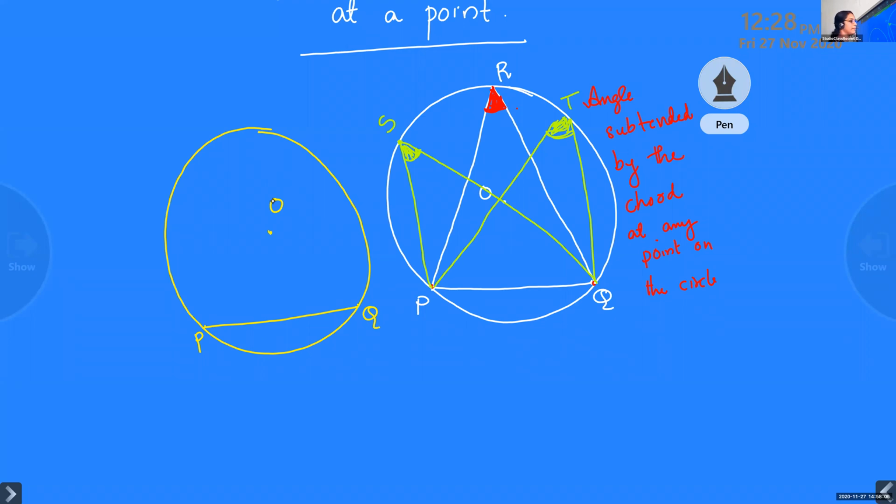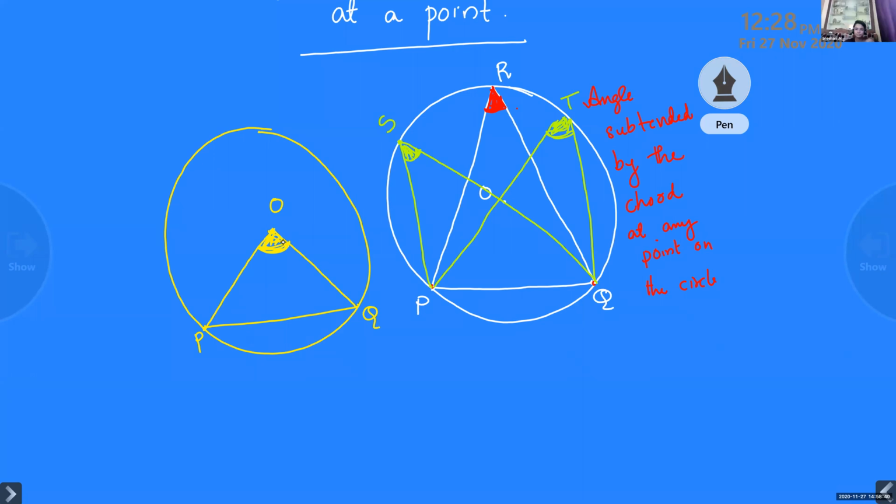Connecting the center O and P and Q, we can draw another triangle. Connecting the center also we can complete a triangle. So there also we can make an angle. The chord is making an angle at the center, right?